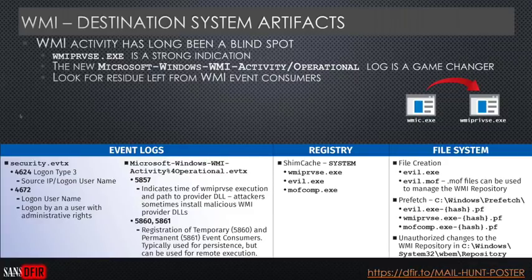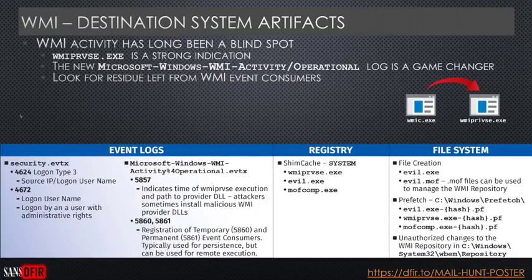That's done by developing these event consumers, where the operating system is constantly watching all these different events on the system, and you can set up a link between a particular event happening and a resulting action occurring. That action could be a process launching or a script launching or things of that nature. That's the persistence piece of the puzzle that comes in with WMI, gluing those two things together.